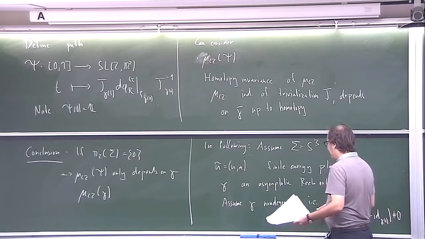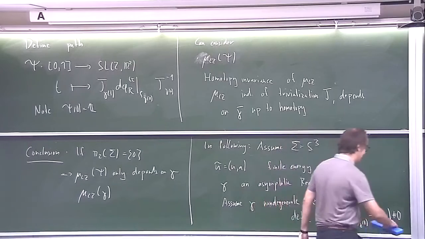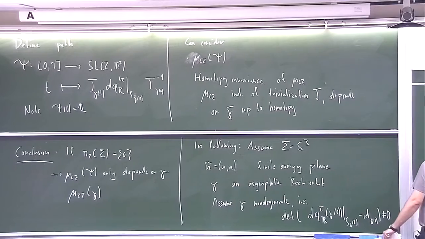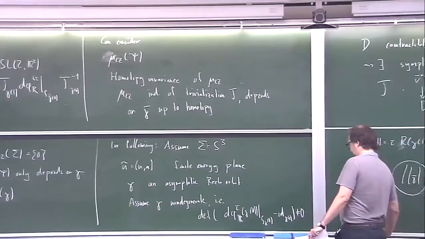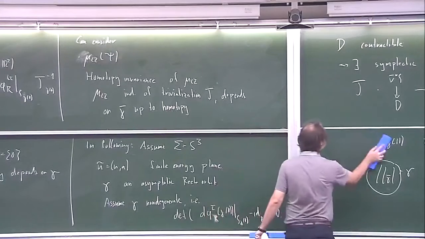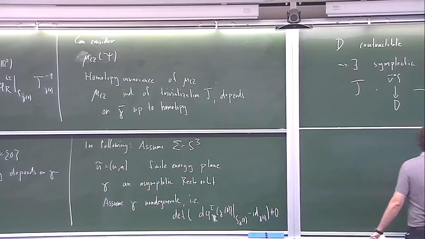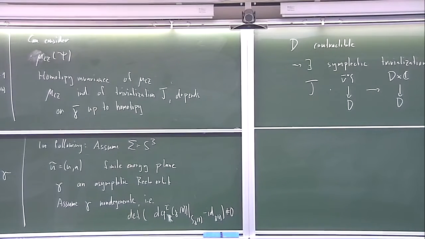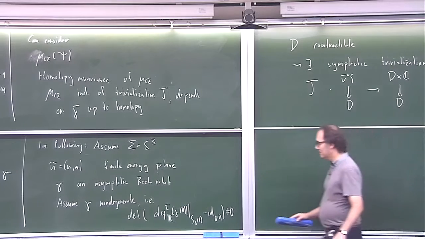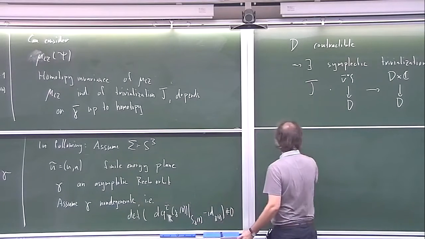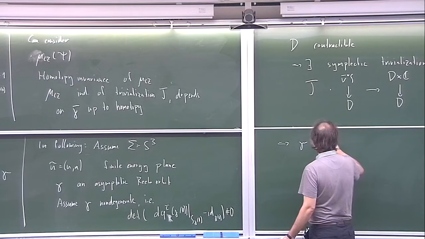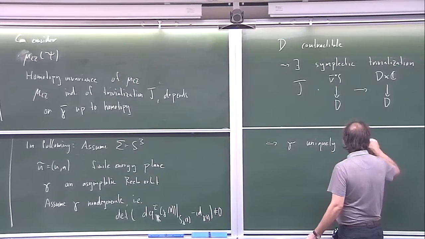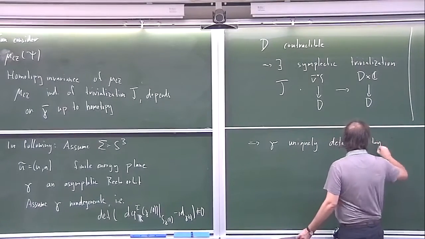And then it's unique. Then it follows gamma is uniquely determined by u.